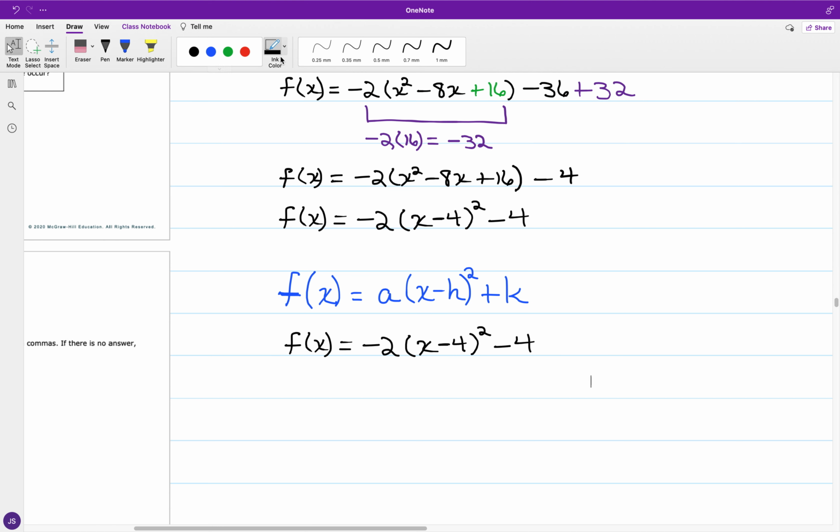Okay, and so for the correspondence, in the case of A, A is at negative 2. And with A as a negative value, this signals that the graph is going to open down from the vertex.